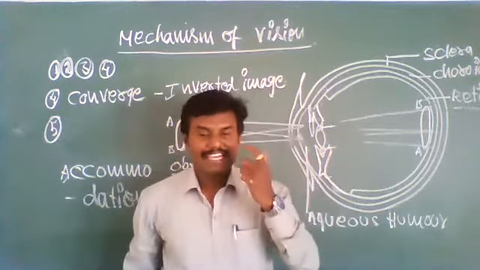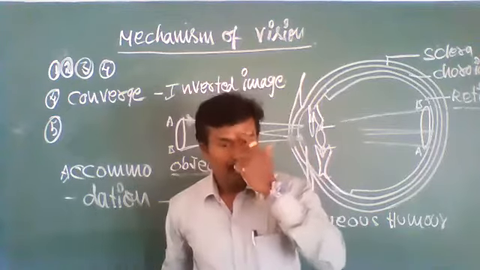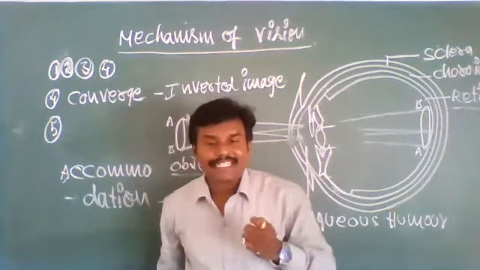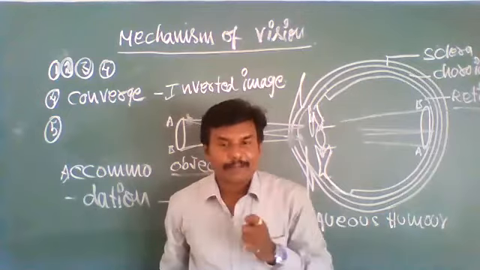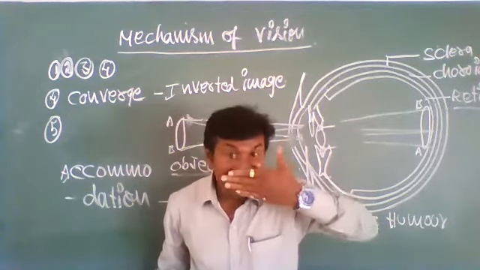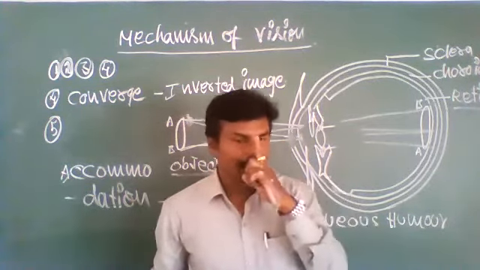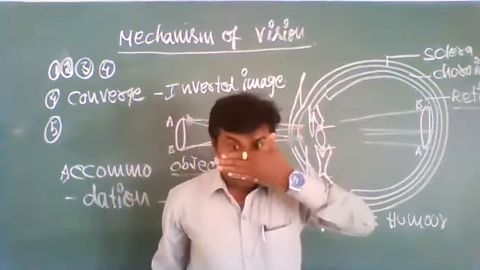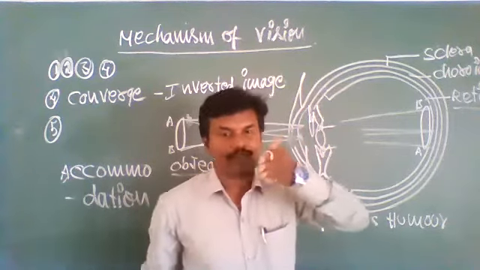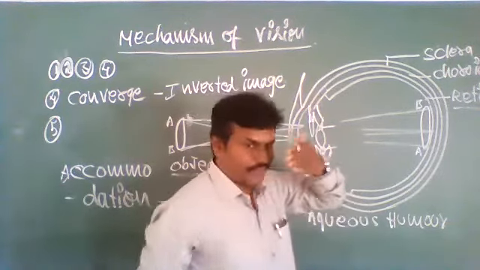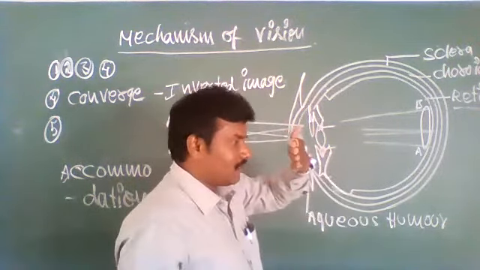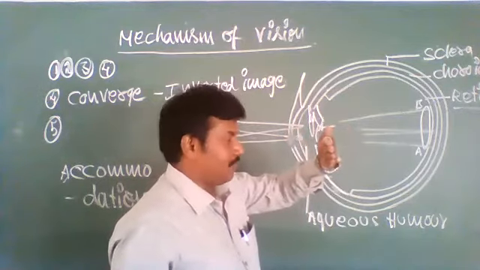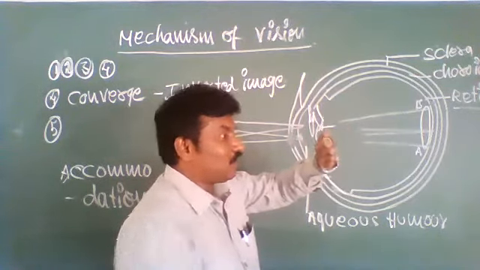Our eye has the ability to accommodate images of objects from 25 centimeters from our eye. 25 means very near, the nearest our eye can focus. From this distance, from 25 centimeters to infinity.